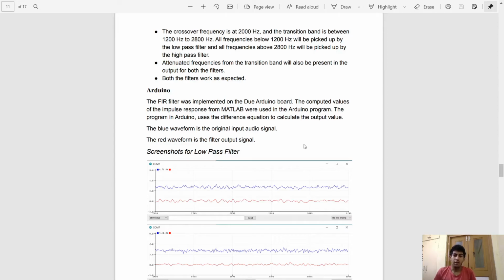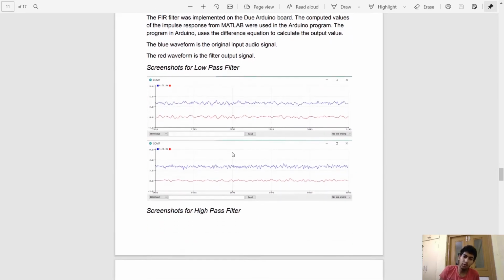Then we can code a program on an Arduino board that uses this difference equation to convert an input signal to an output signal, and send the output to the serial port of the Arduino, which can be viewed on a machine in the serial plotter. What I've shown here is the top signal, which is the original audio signal, and the bottom one is the output of the low pass filter which was designed in Arduino.